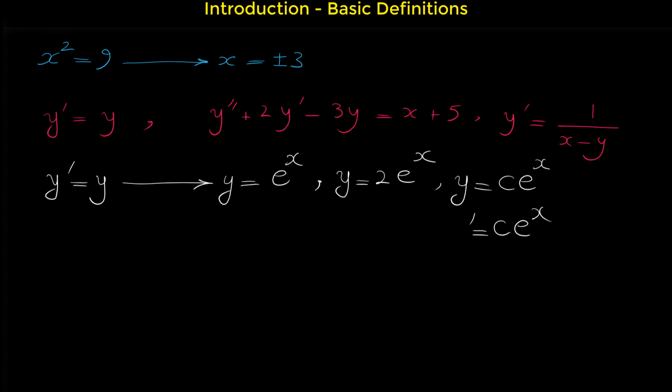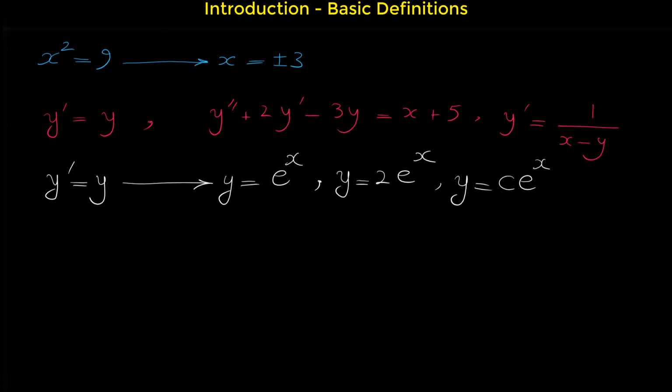If in this general solution we put c equal 1, we get this solution. If we put c equals 2, we get this solution, and so on. So we say this is the general solution for this differential equation. Here we guessed these answers. Later we will learn how we can find the solution of differential equations.